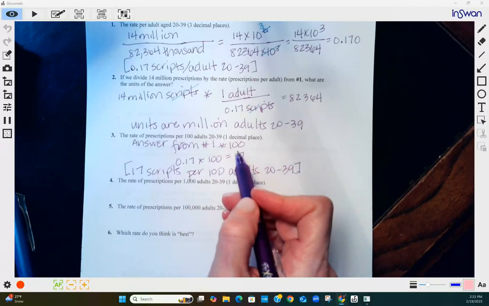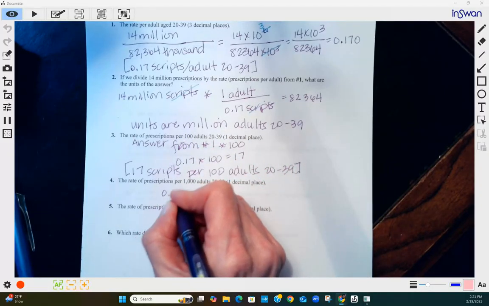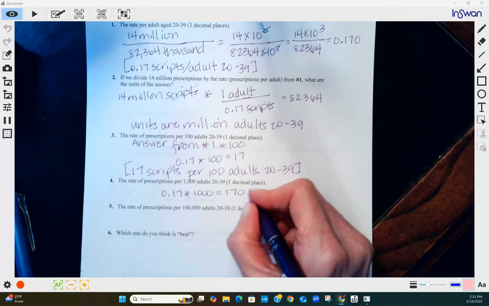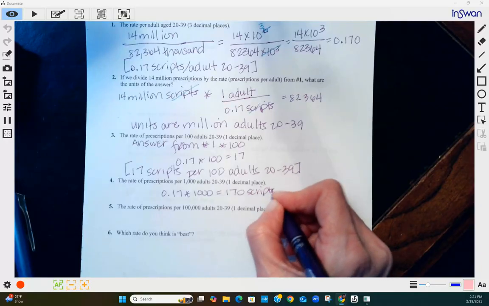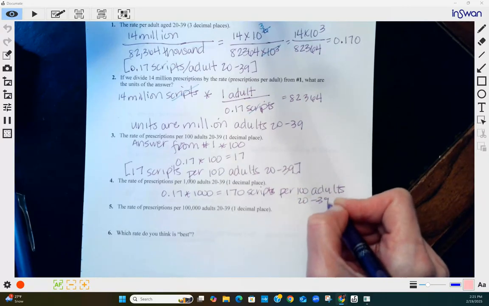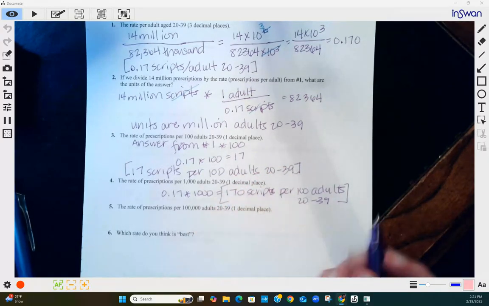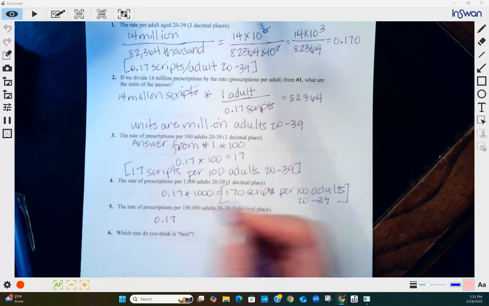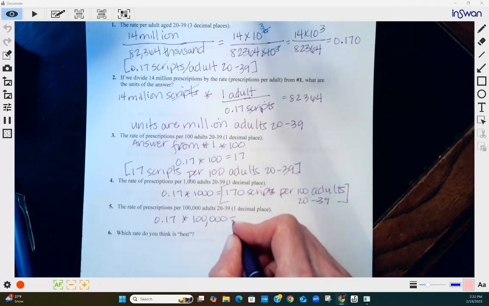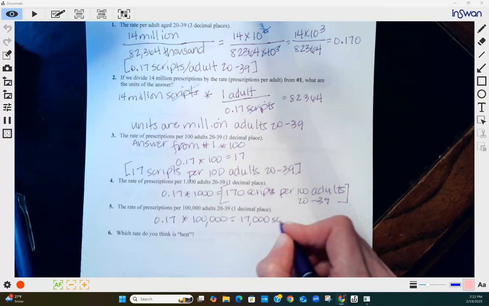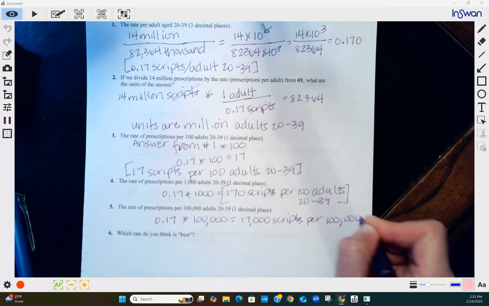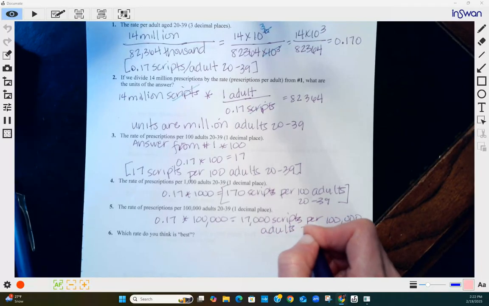We take the answer from number 1 times 1,000. So 0.17 times 1,000 gives you 170 prescriptions per 1,000 adults, 20 to 39. How about per 100,000? Still taking that same rate from number 1 times 100,000 gives you 17,000 prescriptions per 100,000 adults in this age group.